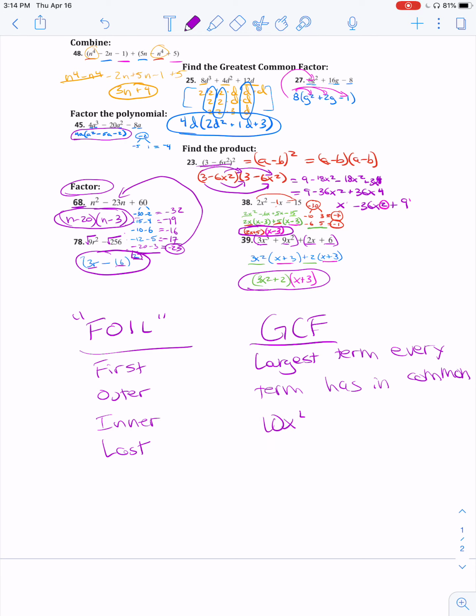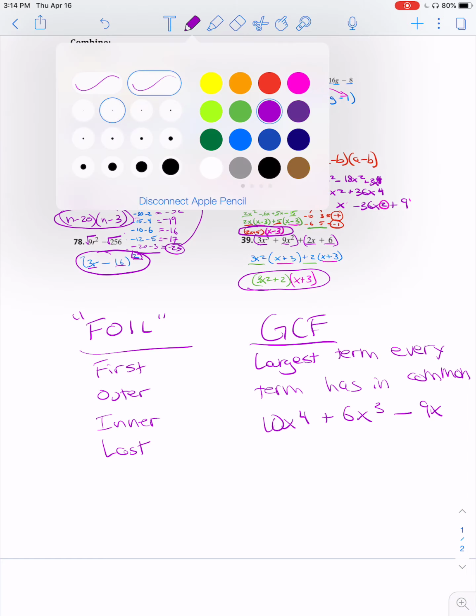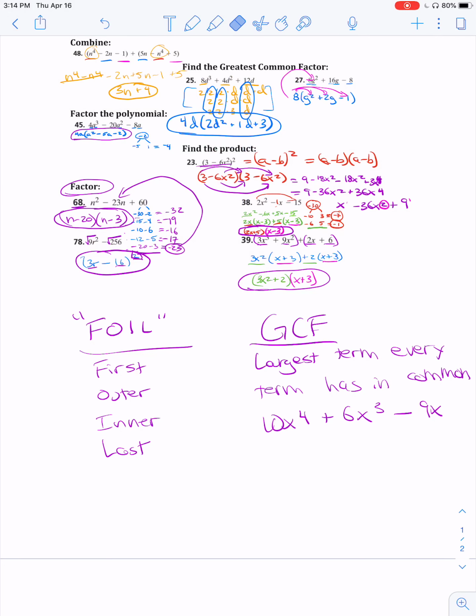So if I have 10x to the fourth plus 6x to the third minus 4x, what's the largest term all three of those have in common? Let's look. Does 4, the smallest number, go into 6? Not evenly. It also doesn't go into 10 evenly. Okay, how about 2? Does 2 go into all three of these things? Yes. Okay, so I have a 2 on the outside of the parentheses.